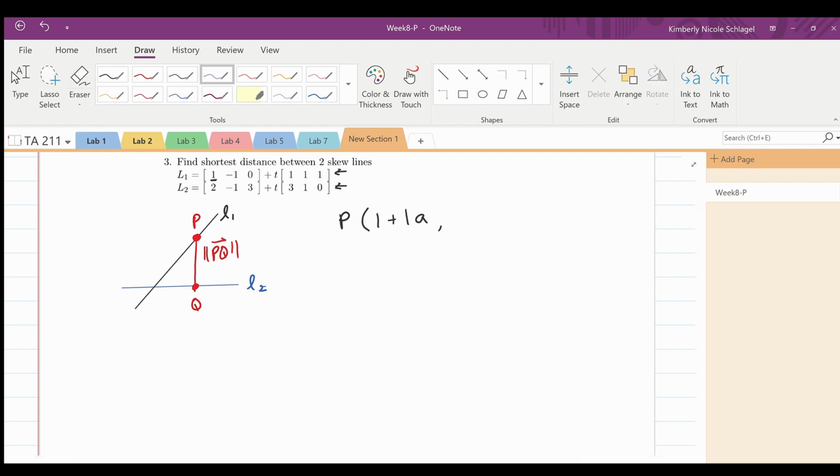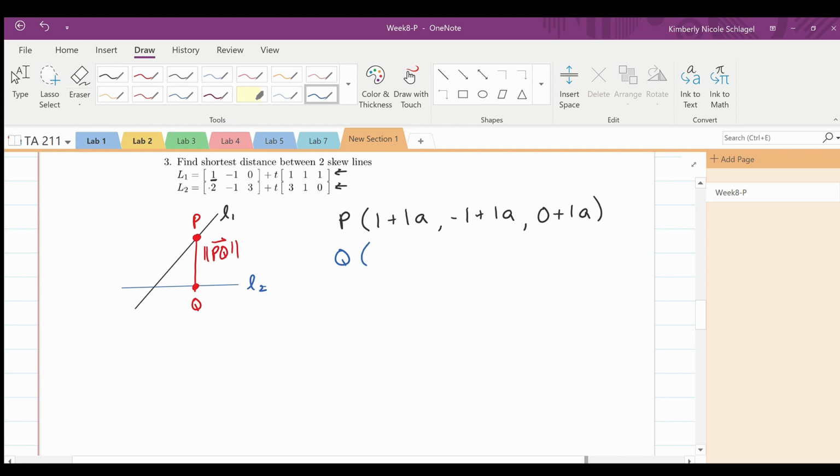Then I'm going to say negative 1 plus 1a, and similarly for my last one, 0 plus 1a. And I'm going to do the same thing for Q. I'll draw Q in this color.